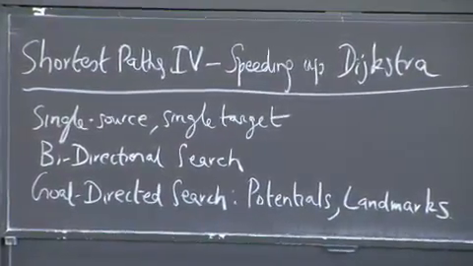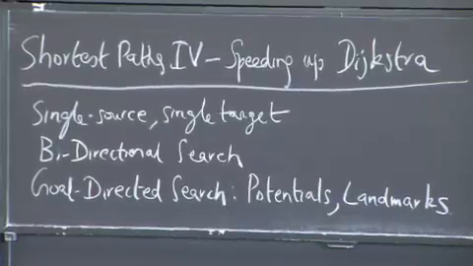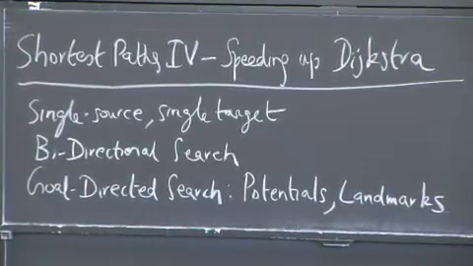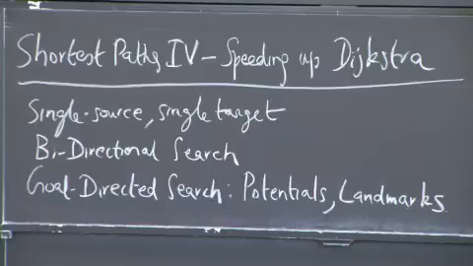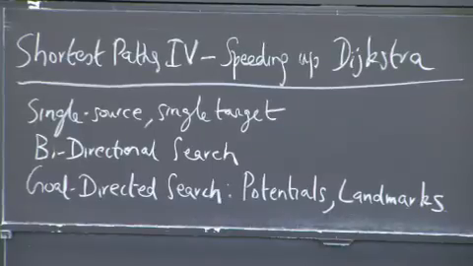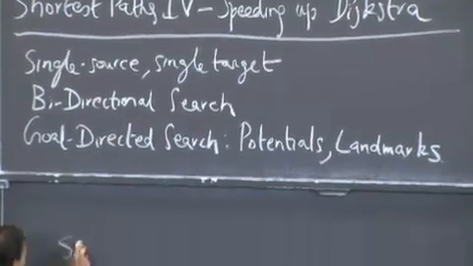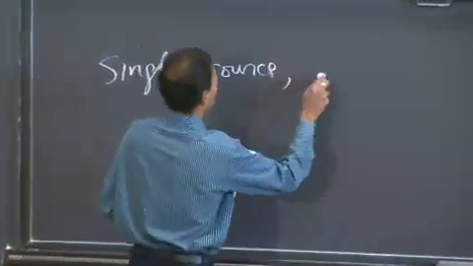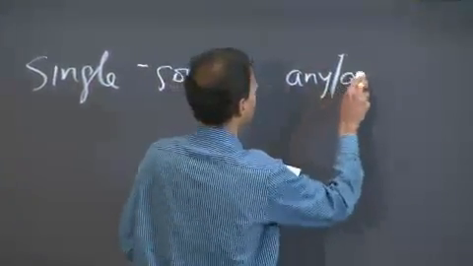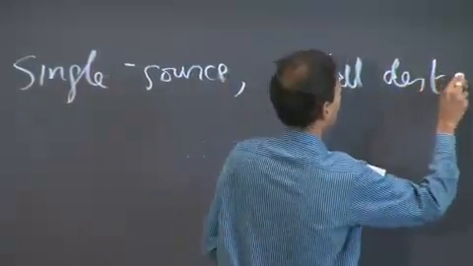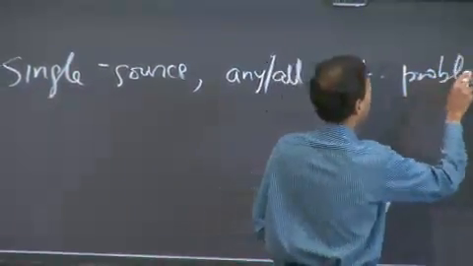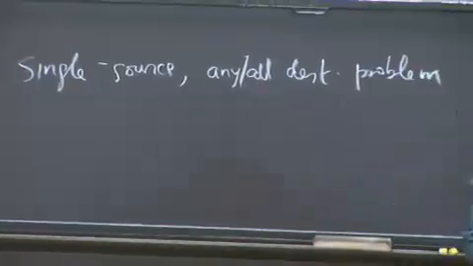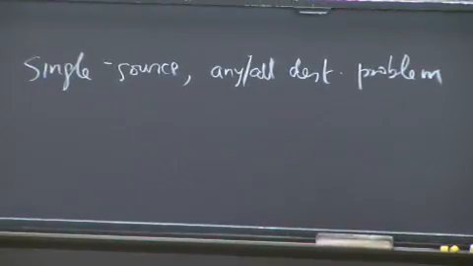You can optimize Dijkstra when you're looking for a single target. So implicitly, we've assumed that we're solving the single source, any or all destination problem when we've looked at the original Dijkstra algorithm and the Bellman-Ford algorithm.